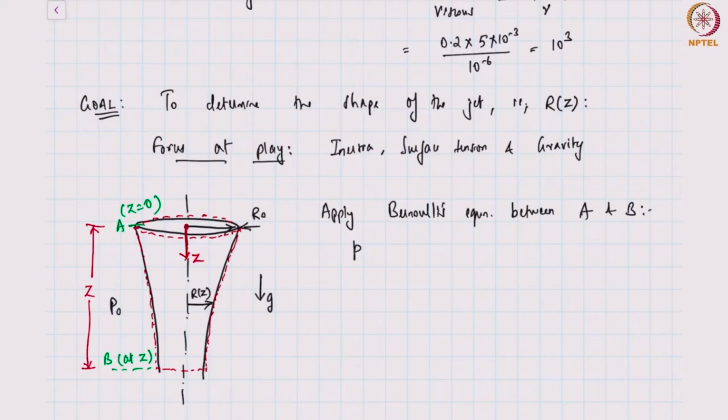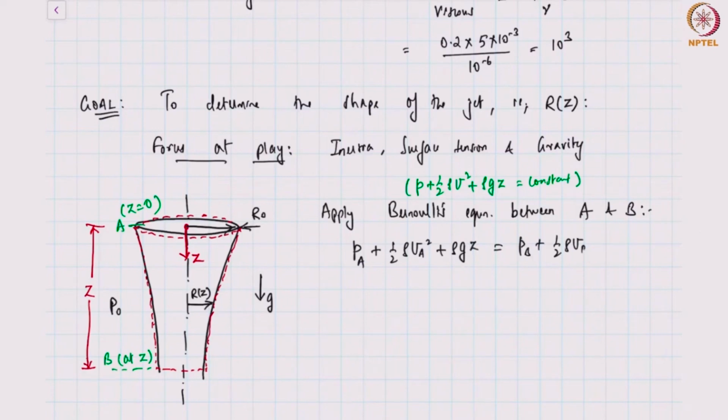Bernoulli's equation, for those who may not be familiar with or have forgotten, is P plus half rho U square plus rho gz is constant. That's Bernoulli's equation, right? So let's apply it across these 2 points. It's PA plus half rho UA square plus rho gz equals PB plus half rho UB square, right?